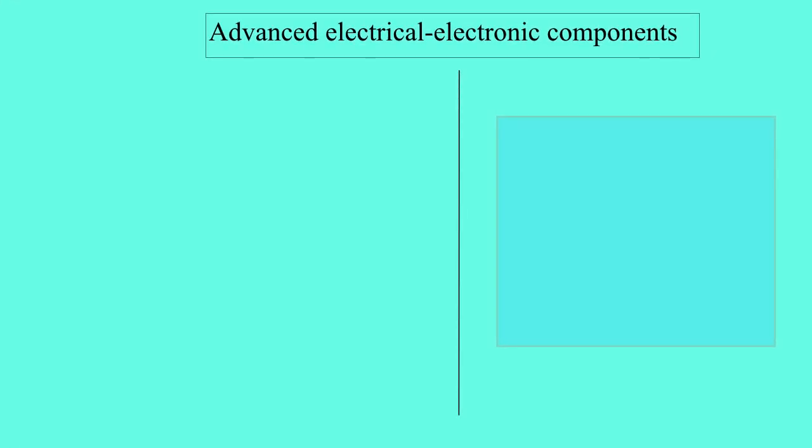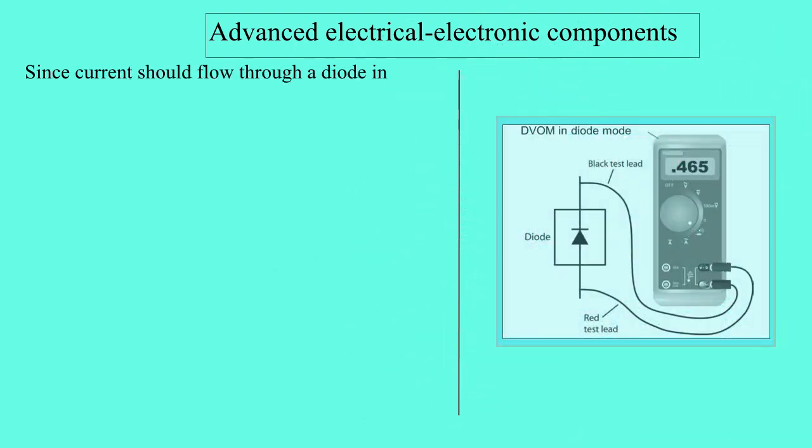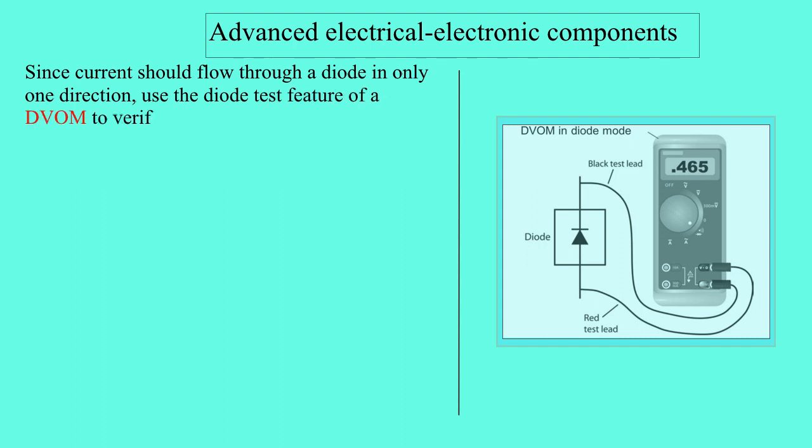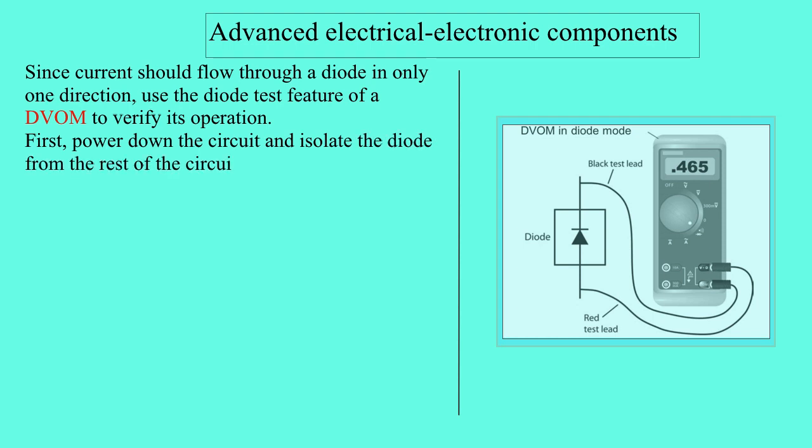Since current should flow through a diode in only one direction, use the diode test feature of a DVOM to verify its operation. First, power down the circuit and isolate the diode from the rest of the circuit. Next, select diode test and connect the leads.